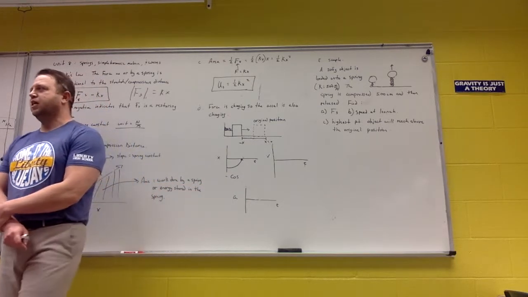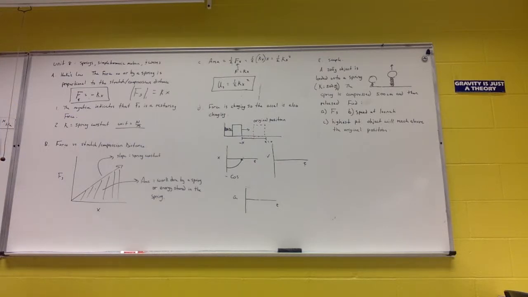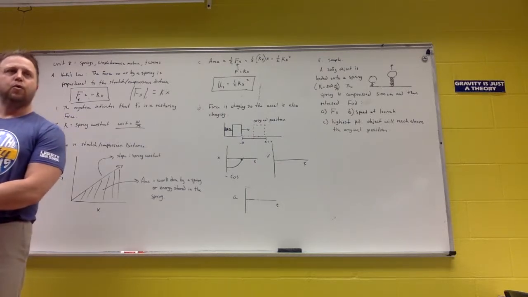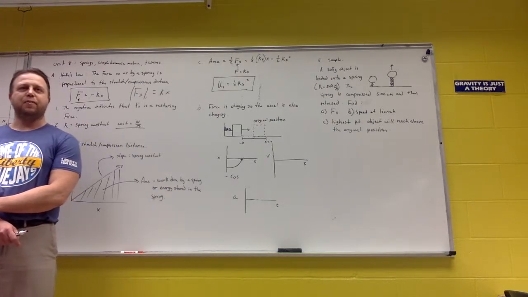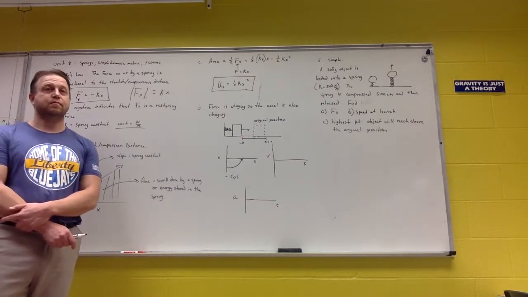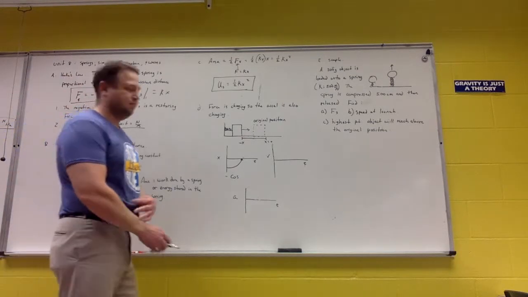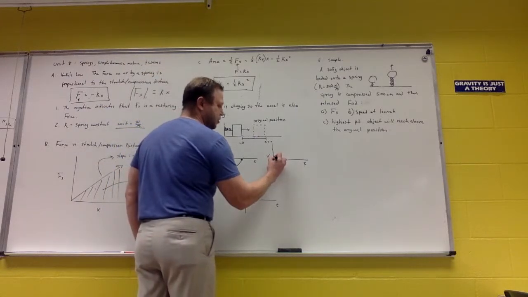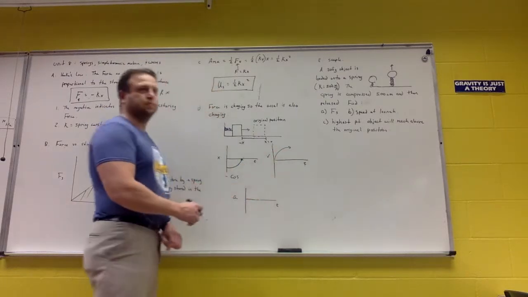Since velocity is the first derivative of position versus time, what is the velocity versus time graph going to be? It'll be a sine wave. So this is going to go here, like that.